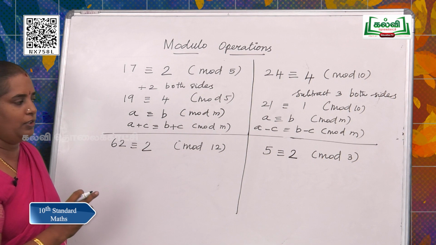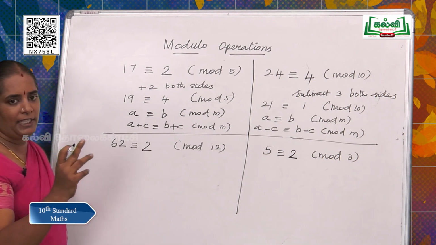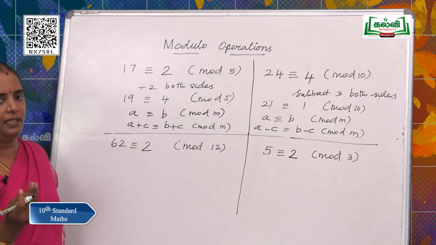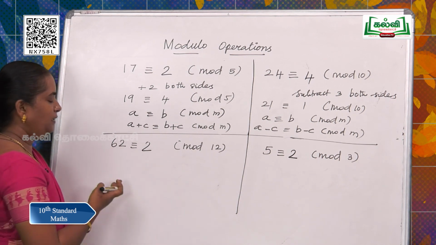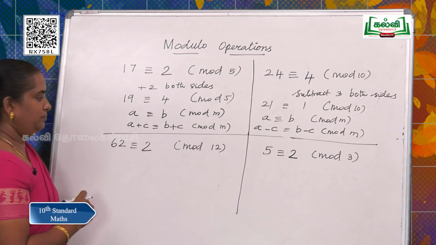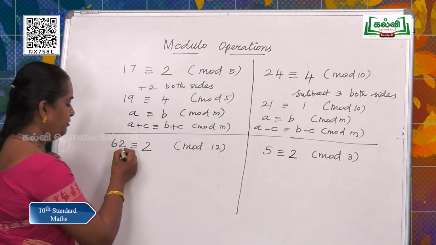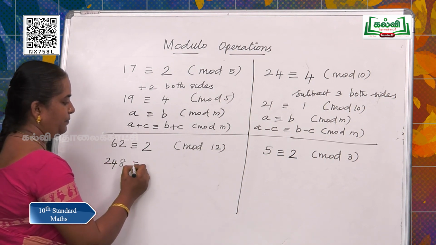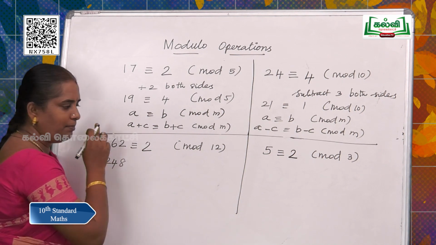62 is congruent to 2 mod 12. So, we are going to multiply both sides now. Let us take a small number, say 4. Multiply 62 by 4: 4 twos are 8, 4 sixes are 24, so 248 is congruent to, let us check the congruence, afterwards we are going to write the symbol here.